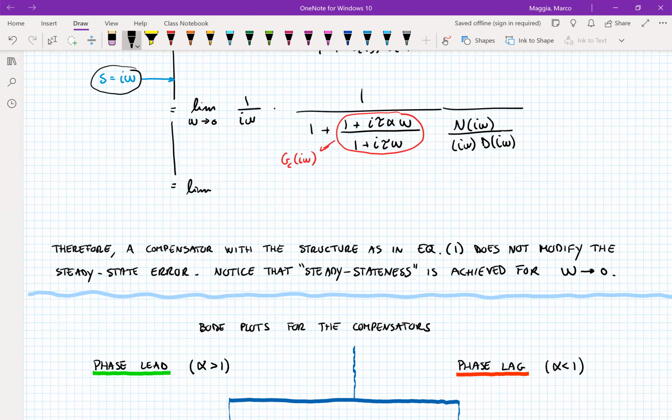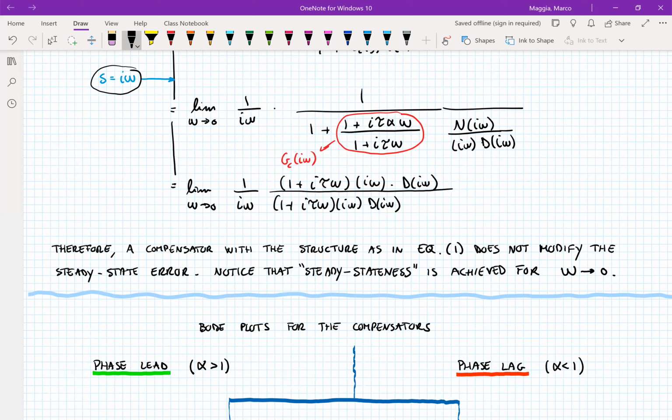Now if we take the limit and rearrange things, we can rewrite this as 1 plus i tau omega times i omega times d evaluated at i omega, and then 1 plus i tau omega i omega.